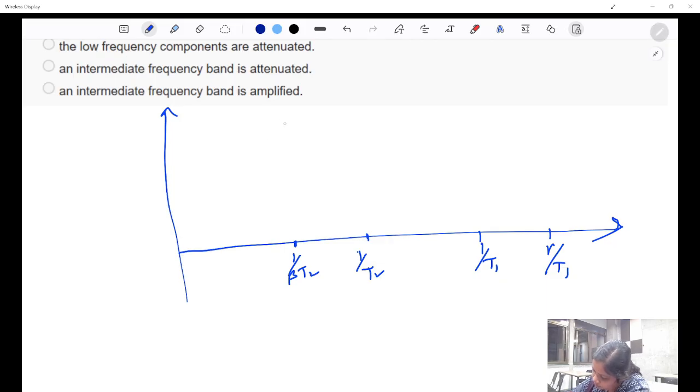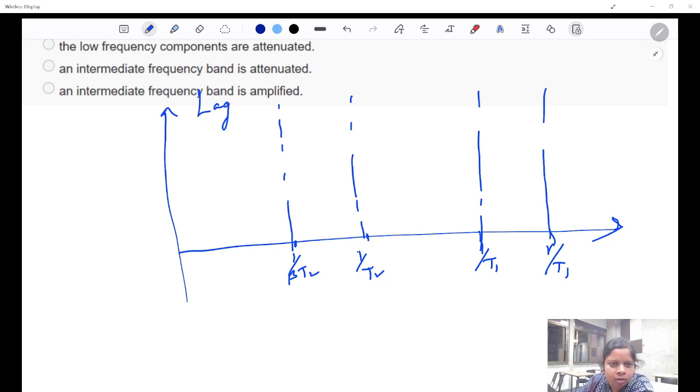So what would happen? The graph would look something like this. At first it would show the benefits that we obtain from lag behavior, and later it would show the benefits that we obtain from lead behavior. So let's say this is 0 dB. It would start here. It would decay at minus 20 dB per decade.